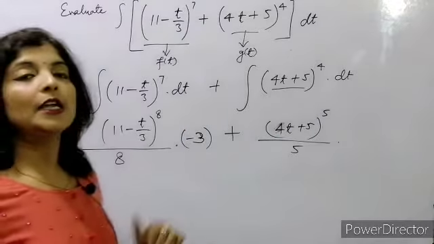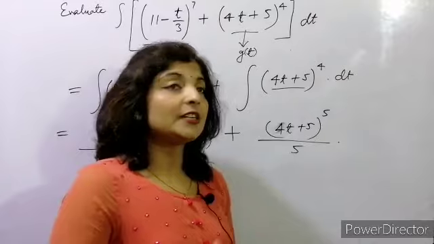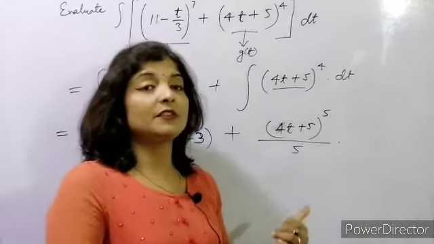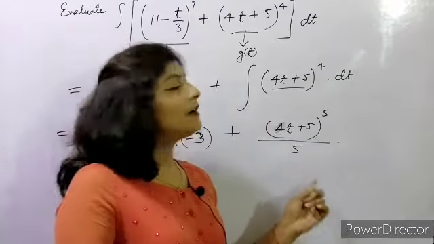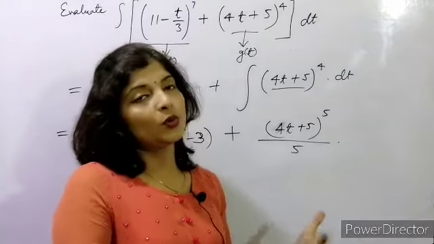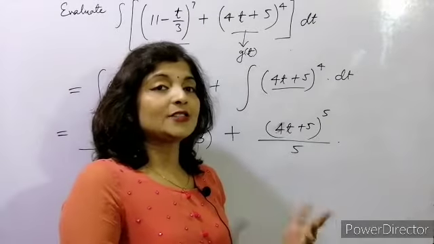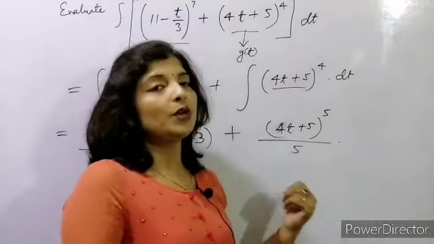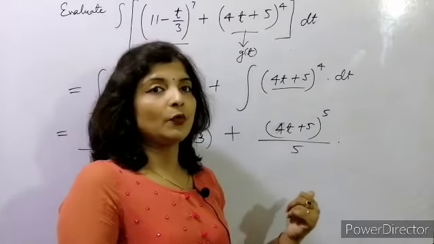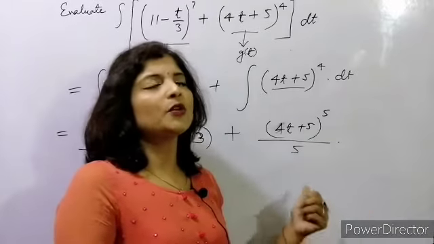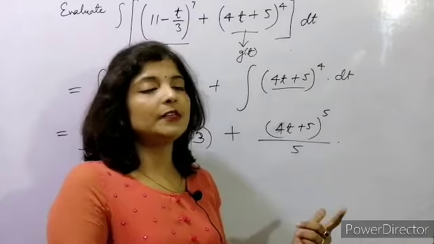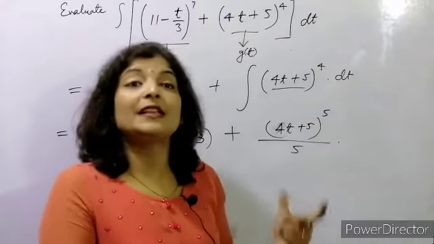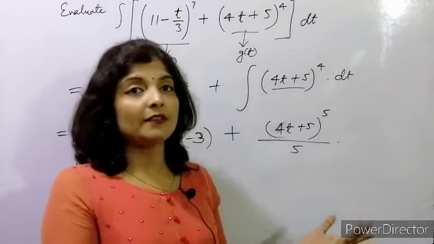When we differentiate 4t with respect to t we'll get 4, and when we differentiate 5 we'll get 0. So we have to multiply with 4.